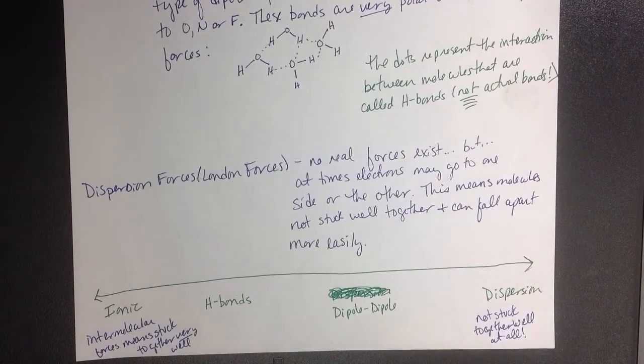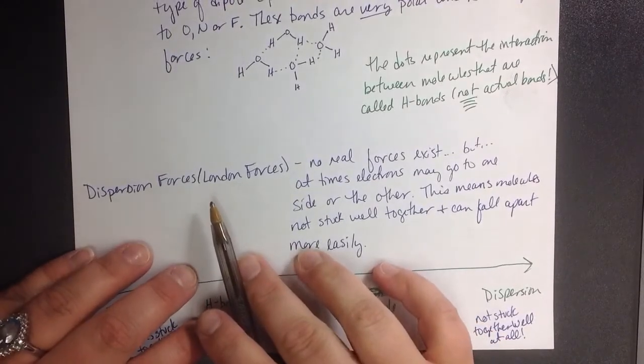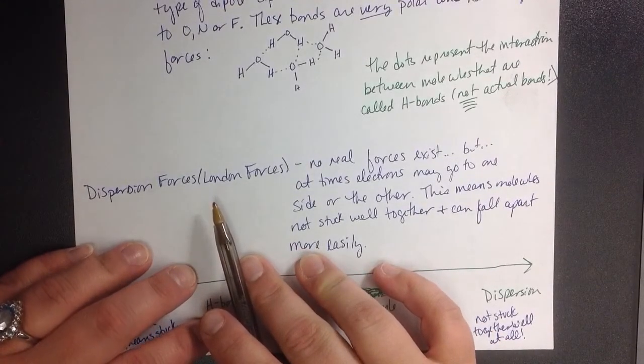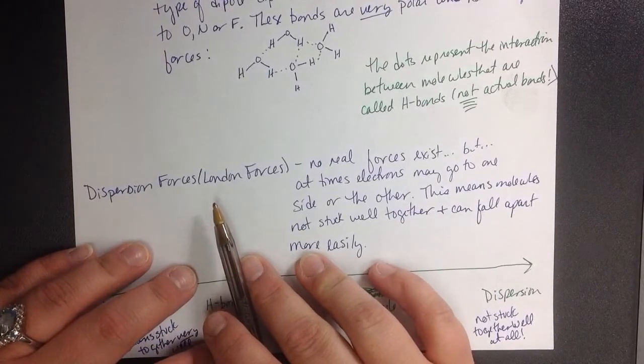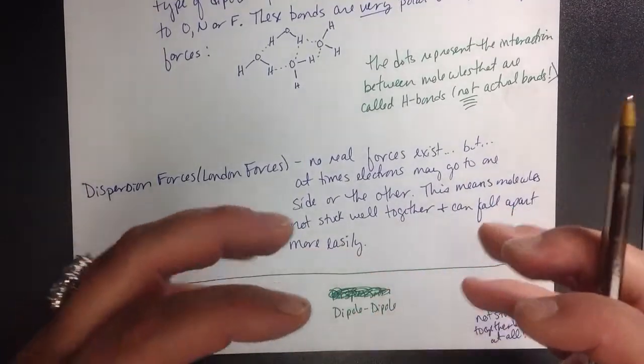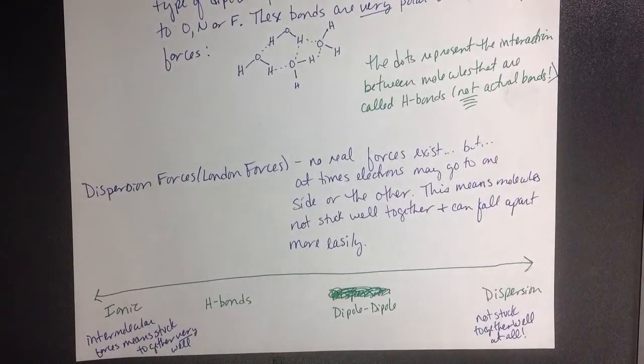Okay, so there's not really something to stick these things together. I think of dispersion forces as being similar to the little balls in the place where kids jump into the balls and they go exploding everywhere. They're not really stuck together by anything other than the fact that they're in that little play area, okay?